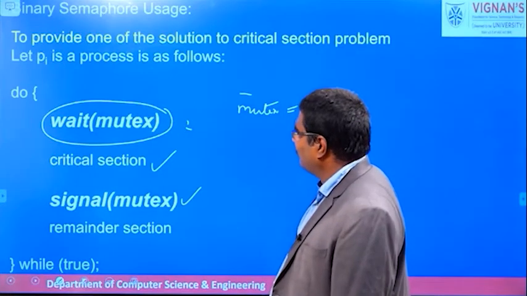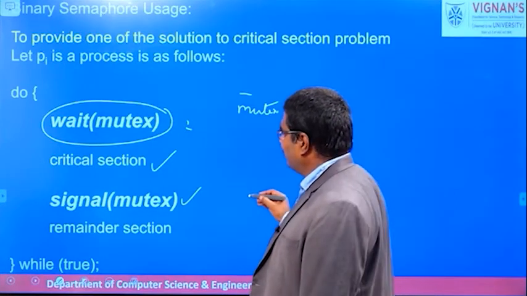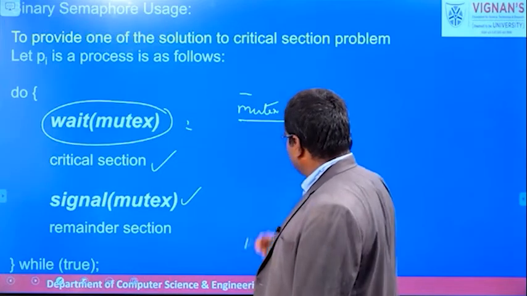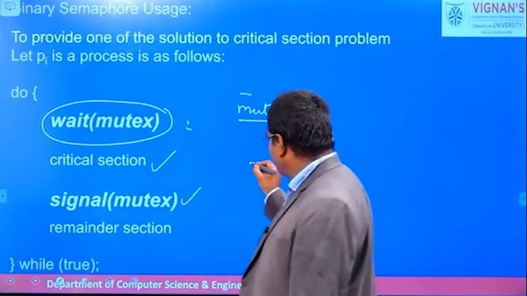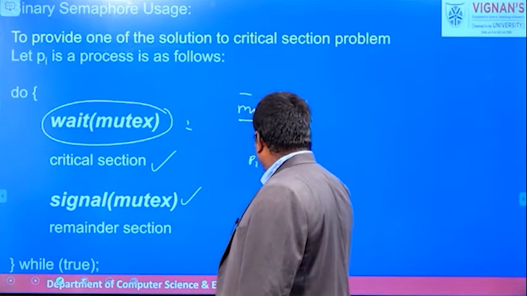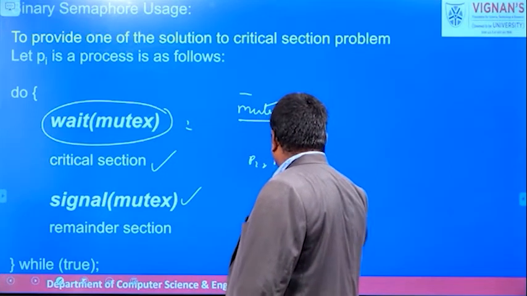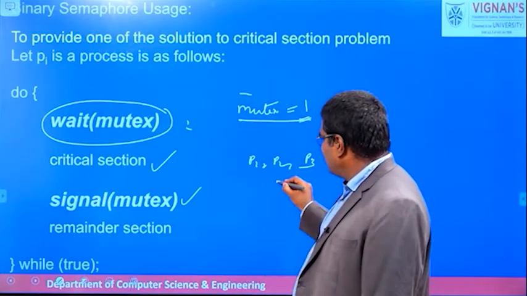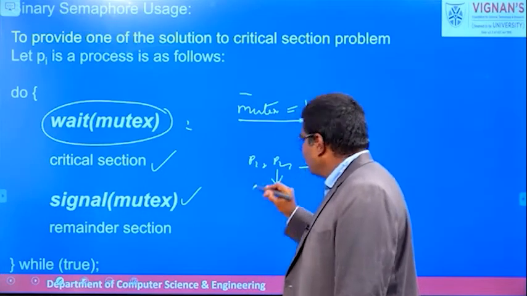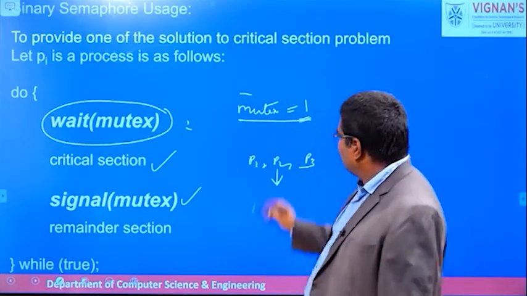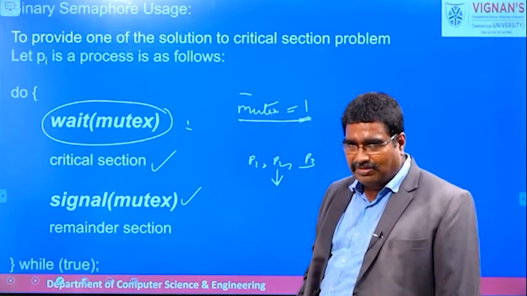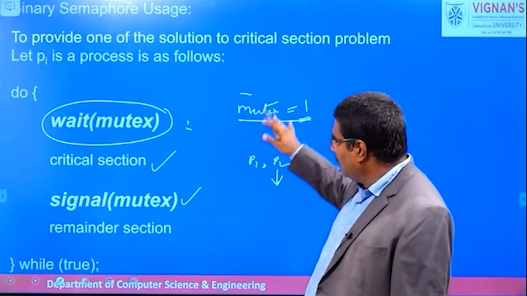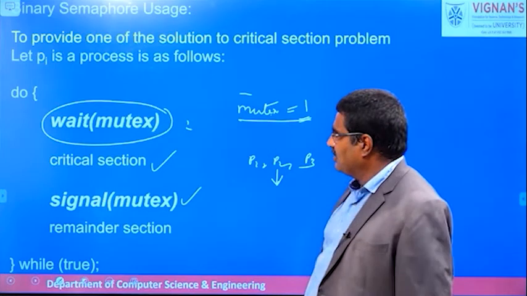We try to verify. So here in this example, initially the mutex is a binary semaphore, its value is 1, and we are assuming that P1, P2, P3 are the processes. We are assuming that the P2 process first wishes to enter into the critical section. Already we know that mutex is a binary semaphore shared by all the processes, and its initial value is 1.